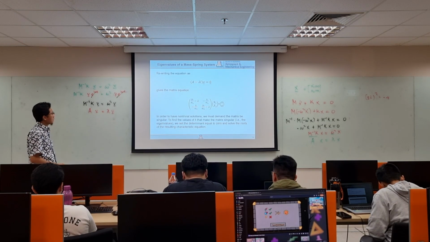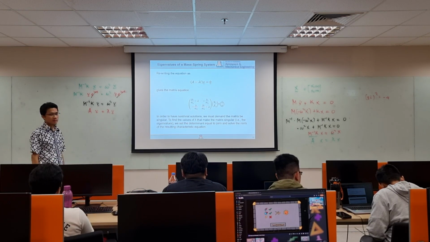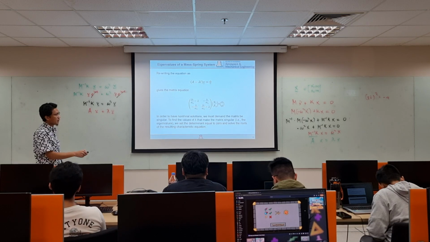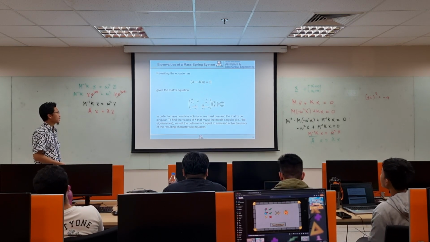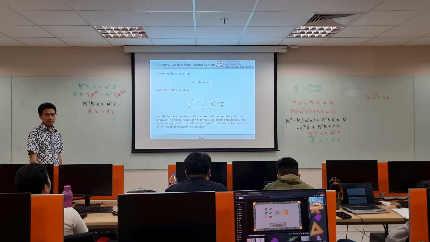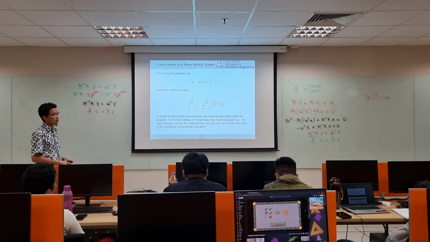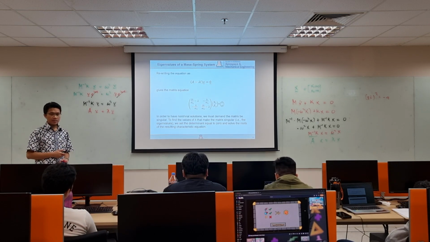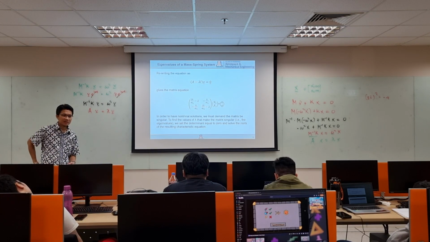Rewrite this equation as that one. Then you will get the usual A minus lambda I, and this will be the eigenvector. So you find the eigenvector and eigenvalue of this problem, you can solve the mass spring systems. Agree with me? Yes.